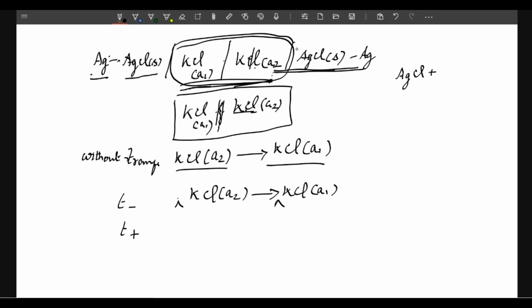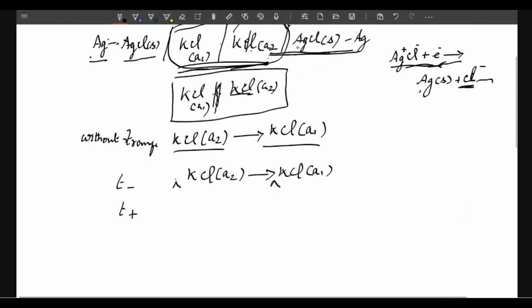Silver chloride reacting, electron is coming from the anode, it reacts to give Ag plus and Cl minus, therefore it is converted to Ag solid plus Cl minus. If the reaction is reversible, then Ag would be taking the Cl minus, giving this one. Therefore, the silver is said to be reversible with respect to anion.